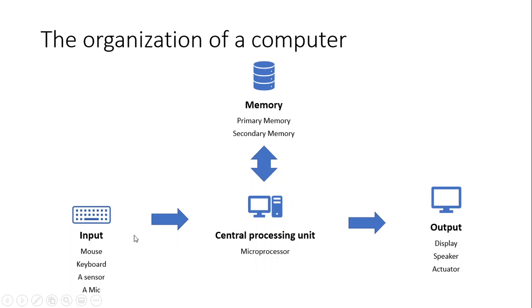It converts different types of physical quantities into a form that can be processed by the microprocessor, and that form is usually binary ones and zeros. Now, ones and zeros are logical values. Internally, microprocessors are digital electronic devices.